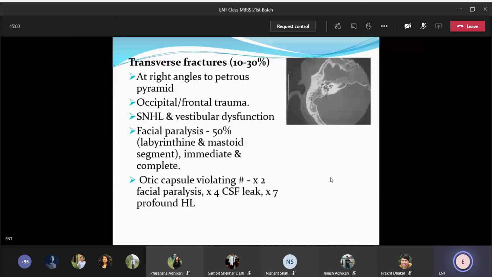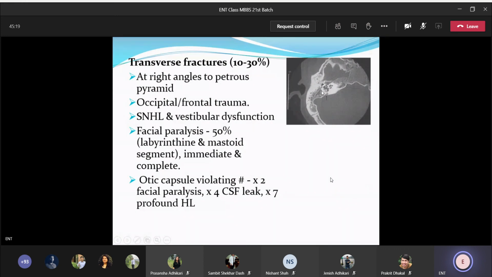Transverse fracture is at the right angle to the petrous pyramid. If the fracture line runs transverse, at right angle to the petrous pyramid, it may be occipital and frontal trauma. With head injury there may be sensorineural or vestibular dysfunction.